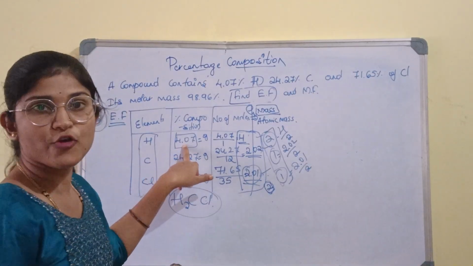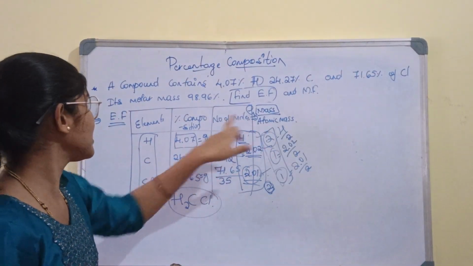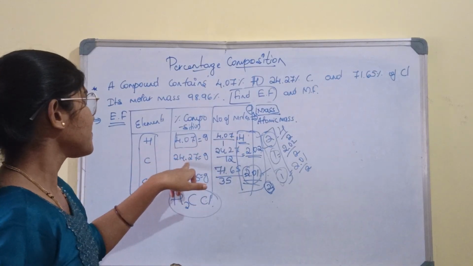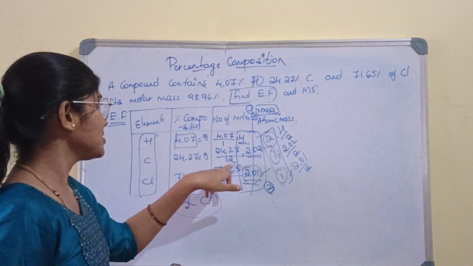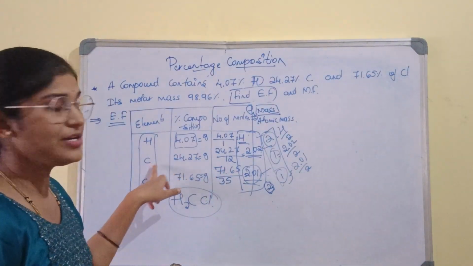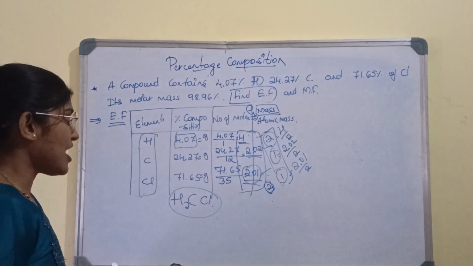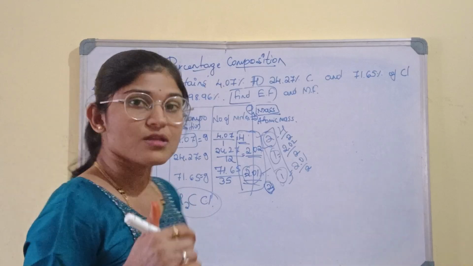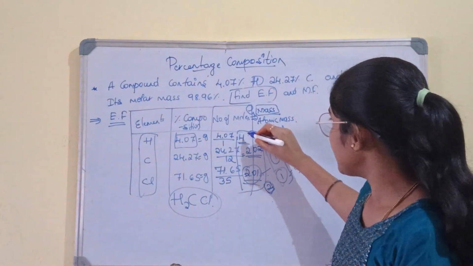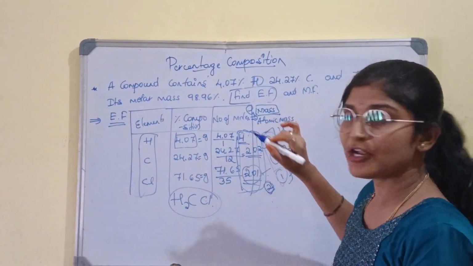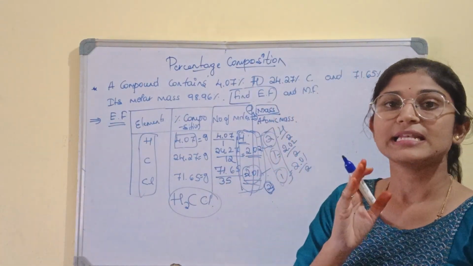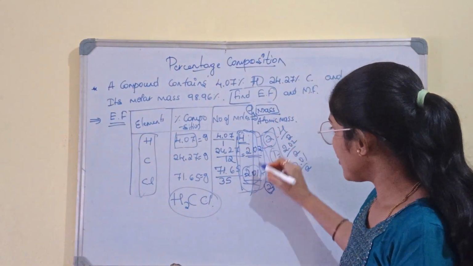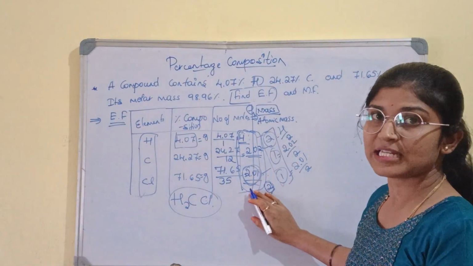So given mass is 4.07 divided by the atomic mass of hydrogen, and calculate. Given mass of carbon 24.27 and atomic mass of carbon 12. Calculate. After calculating, take the least number among the number of moles we have got. Here we have 2.01 as the least number.